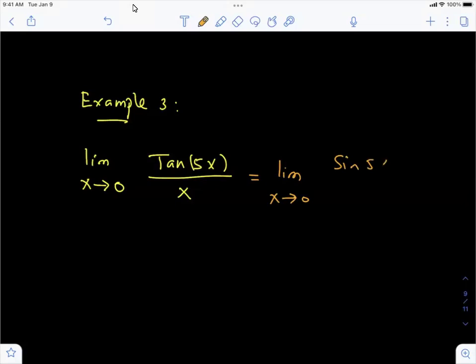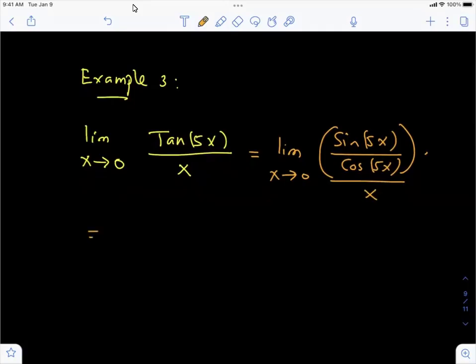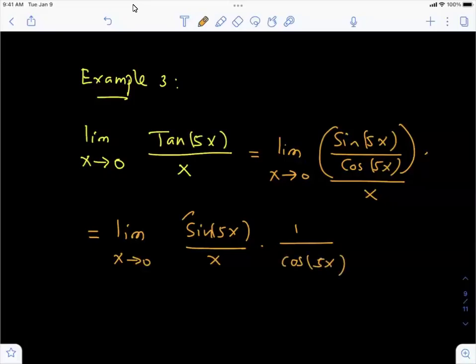So when you consider sine 5x divided by cosine 5x, in other words, I write tangent in a different way, and I'm going to divide it by x. So in the next step, I can simply rearrange this term. It is sine 5x divided by x times 1 over cosine 5x.